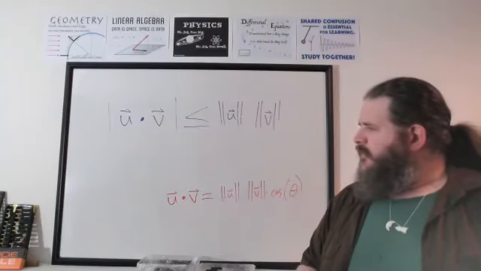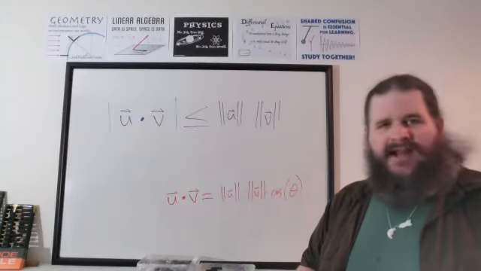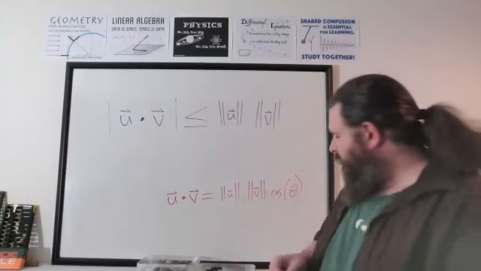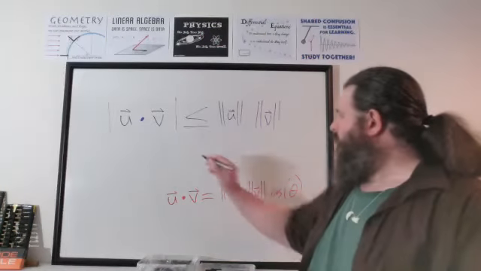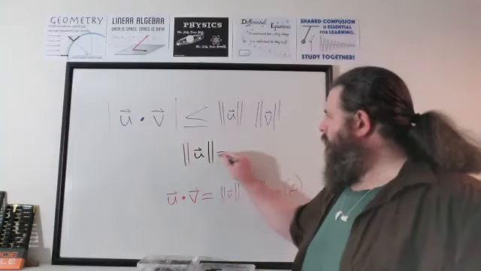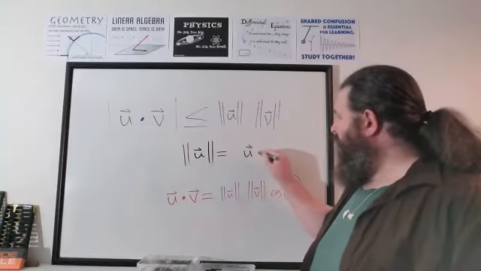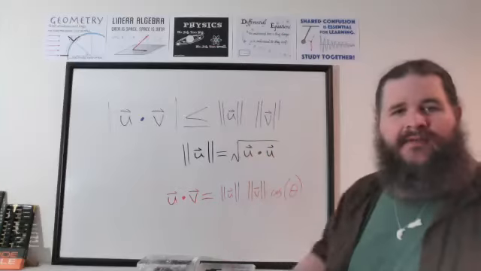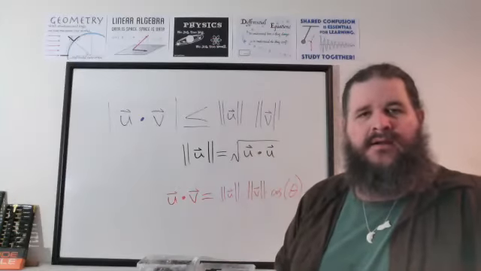And this can also be proved more algebraically, because the magnitudes are also defined in terms of dot products. Formally, magnitude is defined as the square root of the dot product of u and itself. u dot itself would be magnitude of u squared.